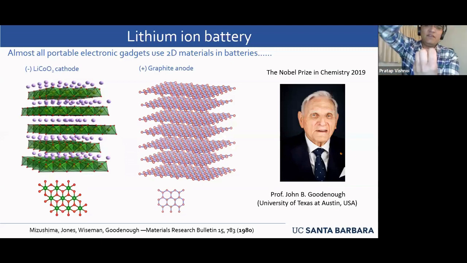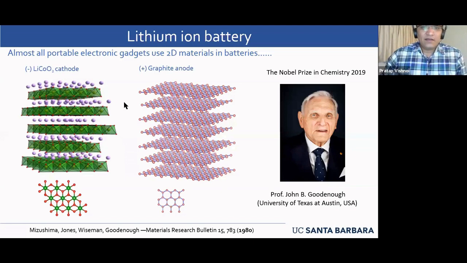You have 3 oxygen on the top at a 120 degree angle, and 3 in the bottom. So each cobalt has 6 oxygen attached, and each oxygen further connects to 2 cobalt in the plane, and it grows infinitely in the x and y axes, but it doesn't grow in the perpendicular, normal axis, the z direction. So again, it's a 2D material. Graphite, I just explained how it looks.